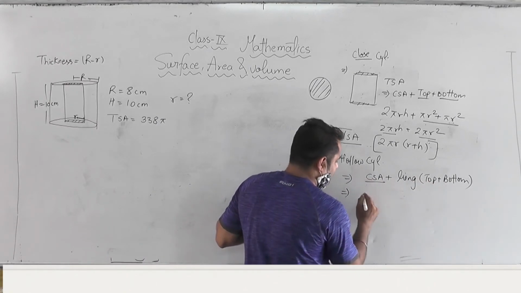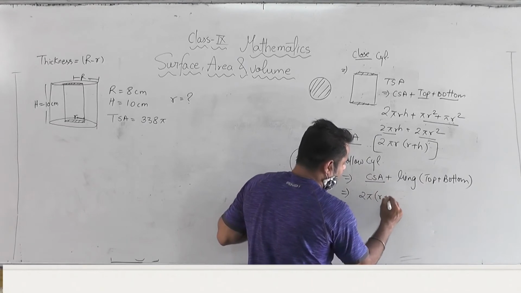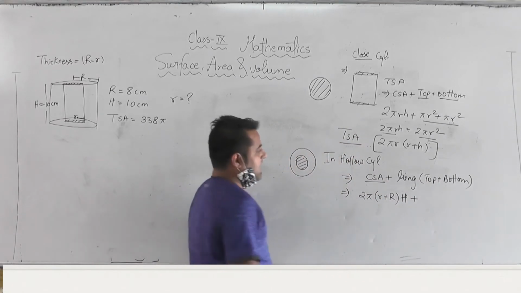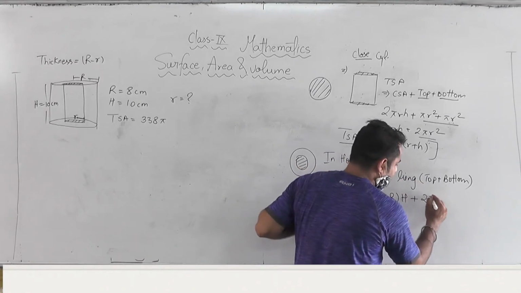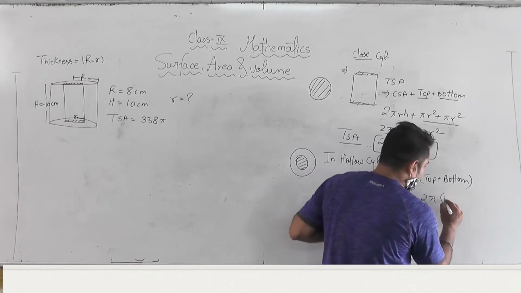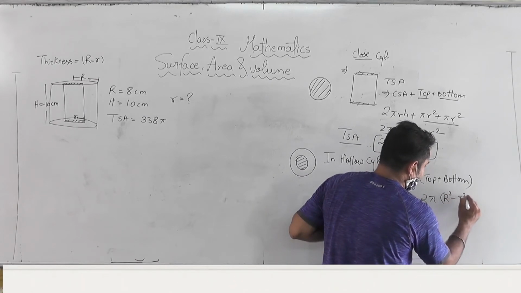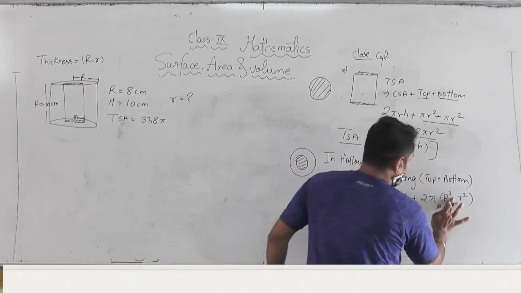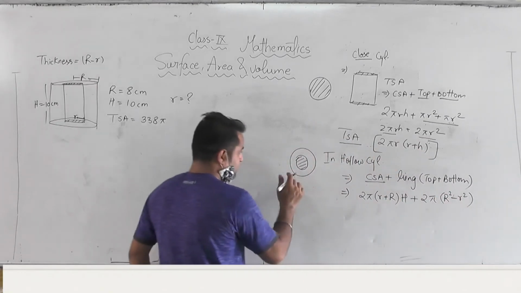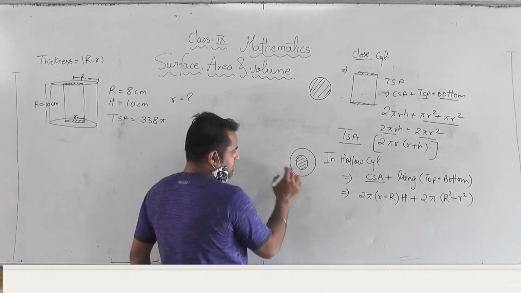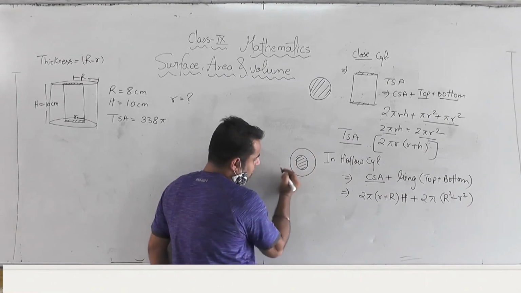So the CSA we already determined, that is 2π(R + r)h, and the top and bottom both are 2π(R² − r²). Why? Whenever we are finding the ring, you have to subtract the inner area from the outer area.